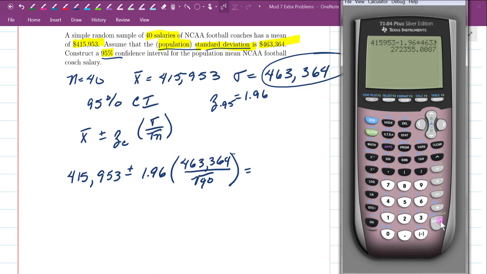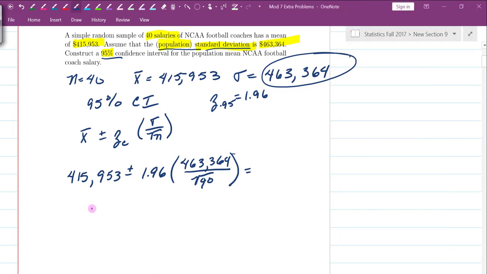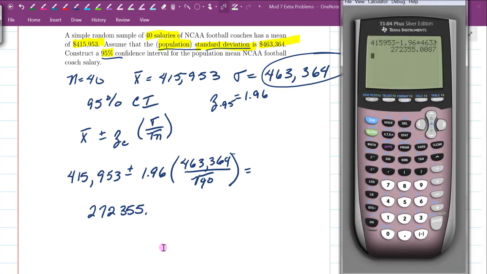And I end up with 272,355 point, and I will go pick up those decimal places. 00.